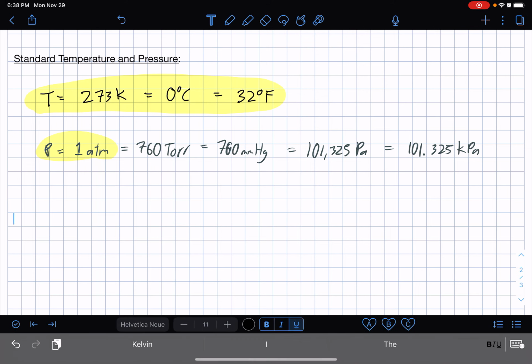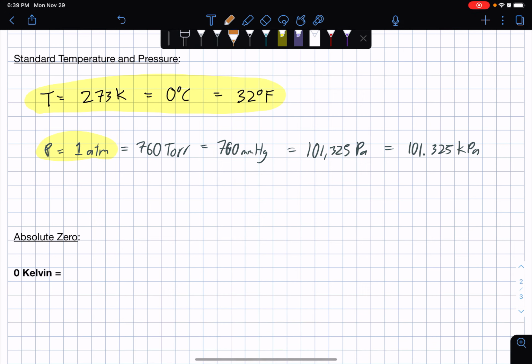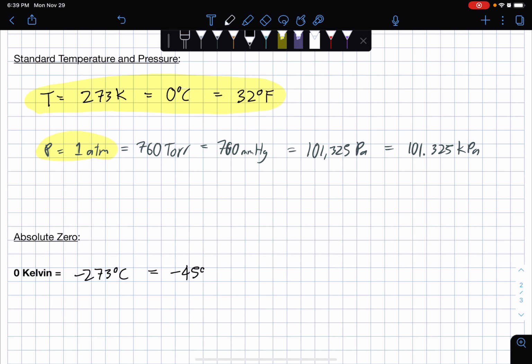So one of the last parts that we have to know before you get ready in answering word problems involving the ideal gas law, you have to know that absolute zero is equivalent to 0 Kelvin, which is equivalent to negative 273 degrees Celsius, which is also equivalent to negative 459 degrees Fahrenheit.